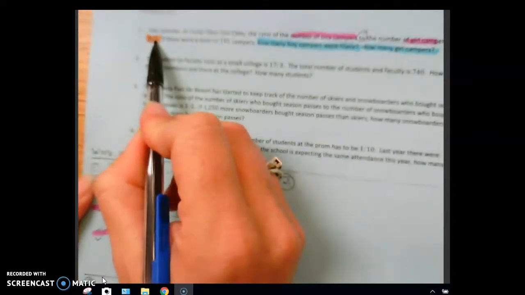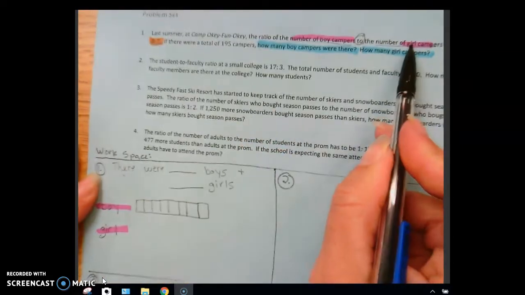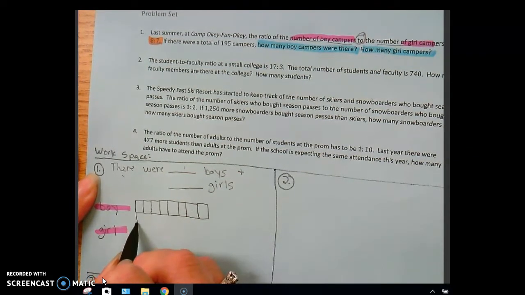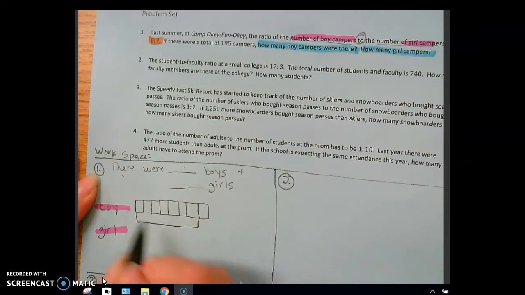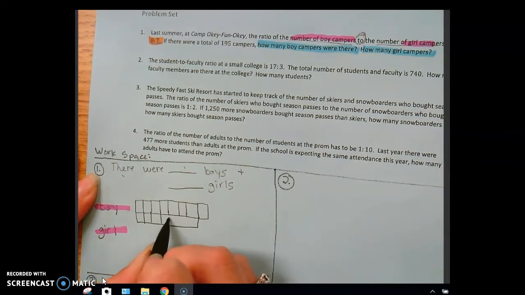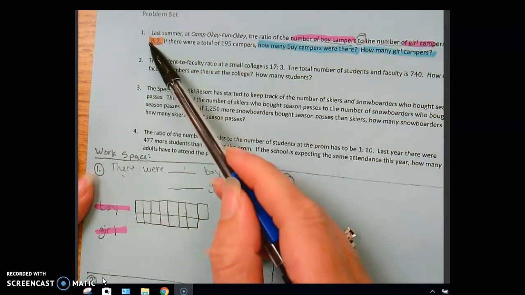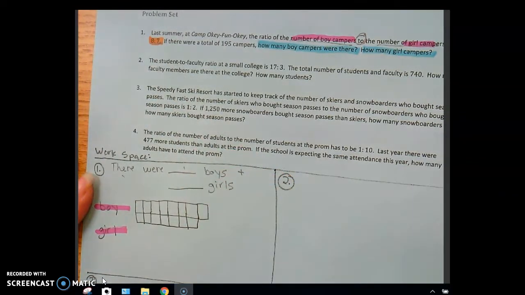Next, I see the number is 7. That goes with my girls because it's mentioned second. So that tells me that I need 7 boxes that are the exact same size because I have 8 groups for every 7 groups of girls. So I'm just going to draw it right underneath here. And I'm going to make those exactly the same. Okay, so there's where I demonstrate my 8-7.